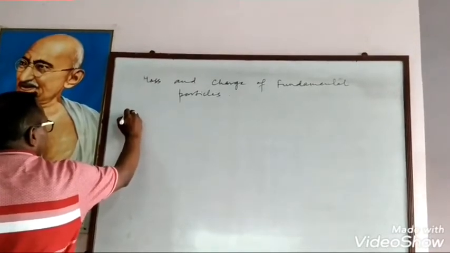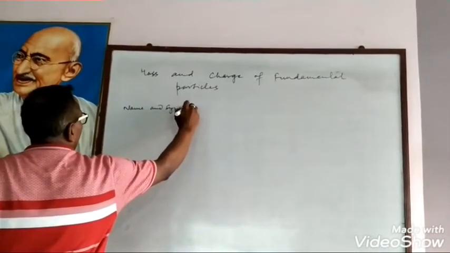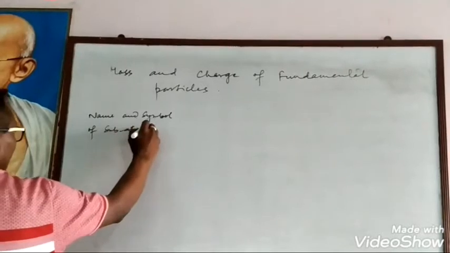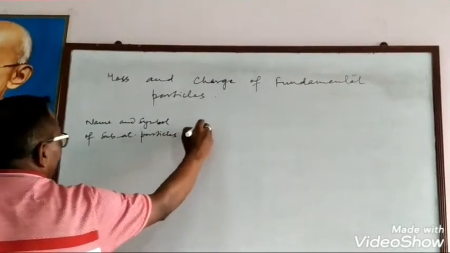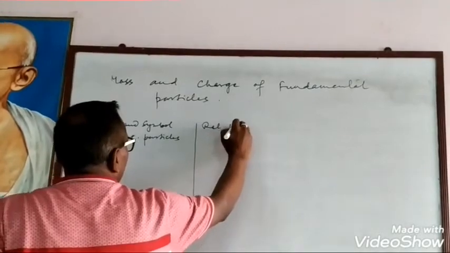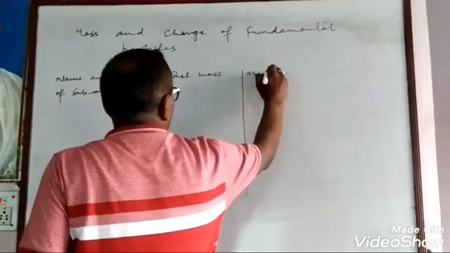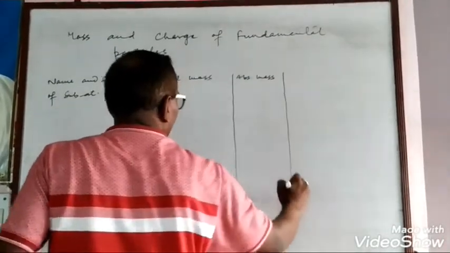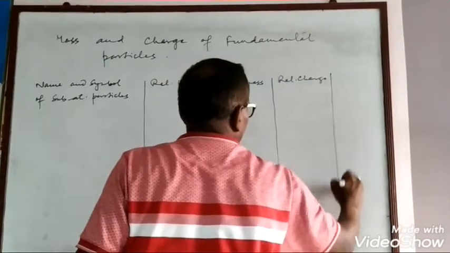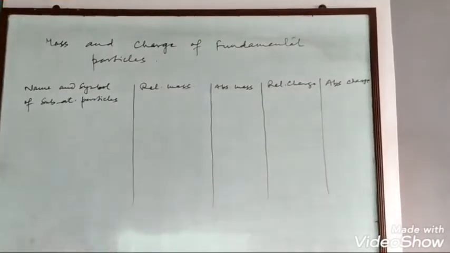Here is name and symbol of subatomic particles, here is relative mass, then absolute mass, the relative charge, and then absolute charge. This table will be very important.